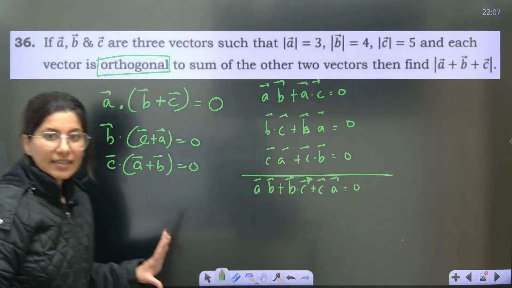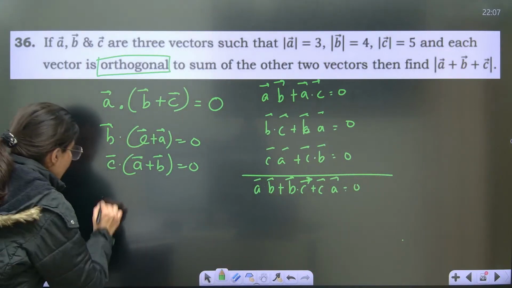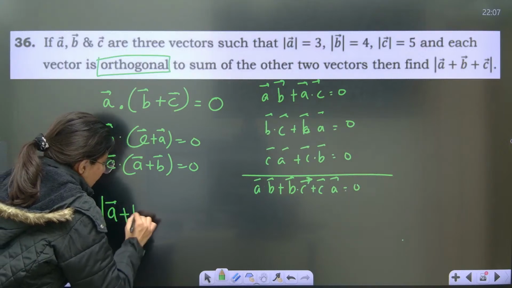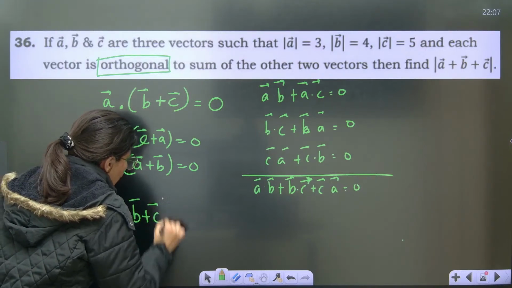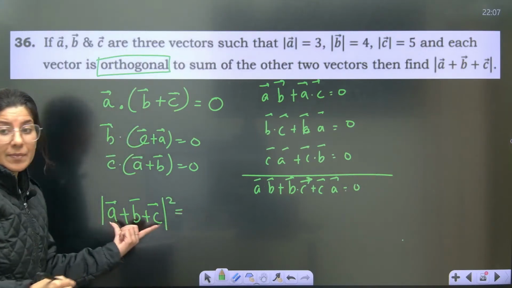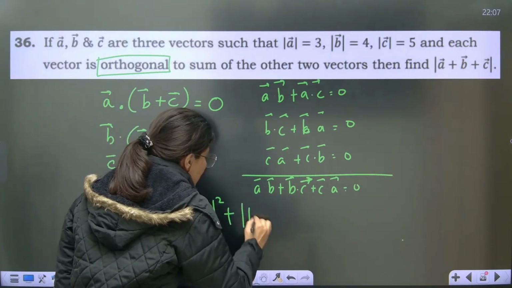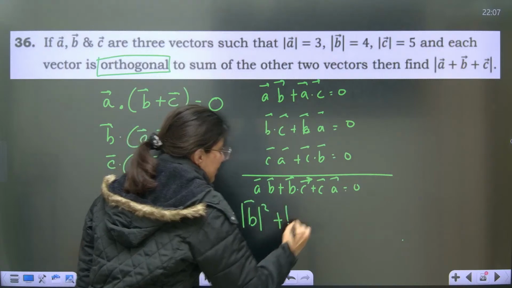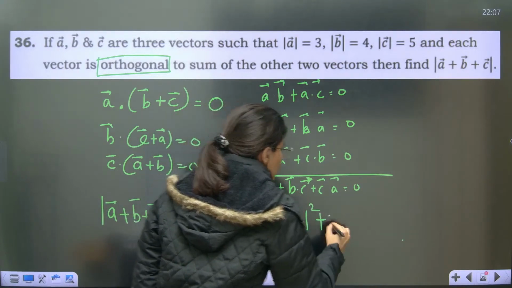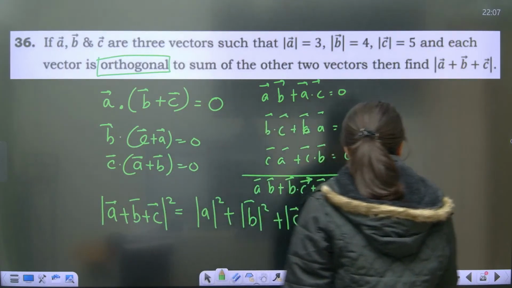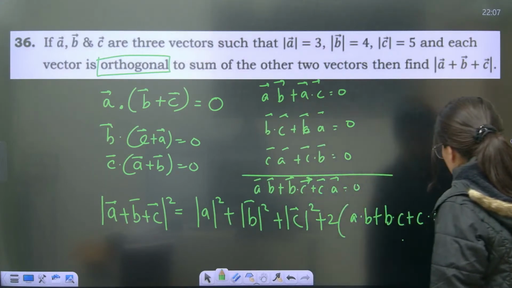Getting it? Understanding it? Now, what are you looking for? Magnitude of A plus B plus C. You know that A plus B plus C whole square is A square plus B square plus C square, right? Plus 2 times (A dot B plus B dot C plus C dot A).